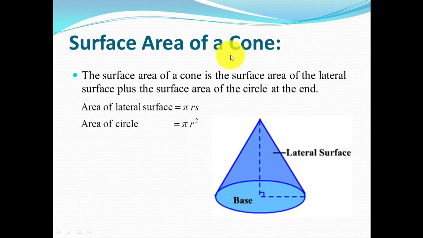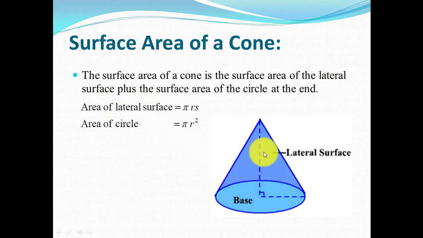Surface area of cones. Now we see how we can find the area of a cone. The surface area of a cone is the surface area of the lateral surface plus the surface area of the circle at the end. It means that to find the area of a cone, we need two things. First, the area of the lateral surface.